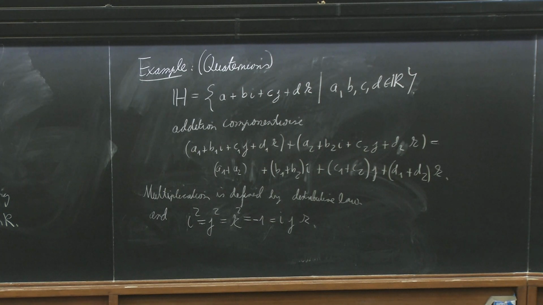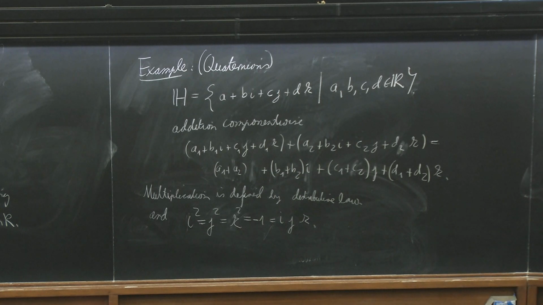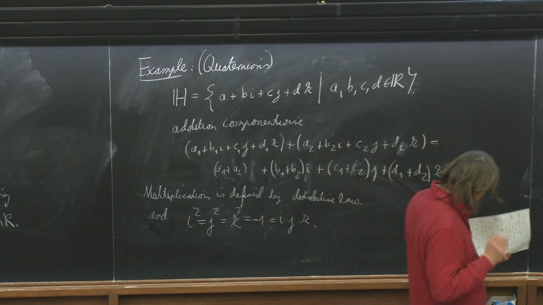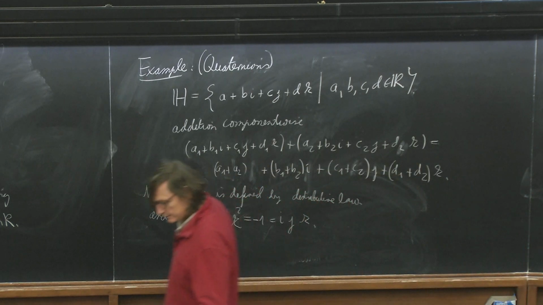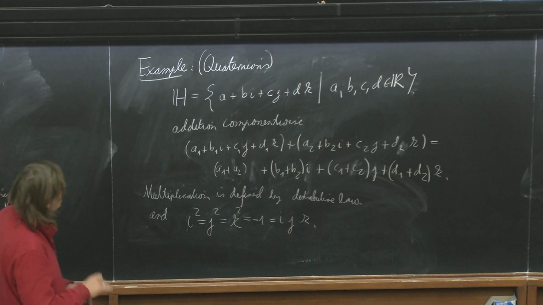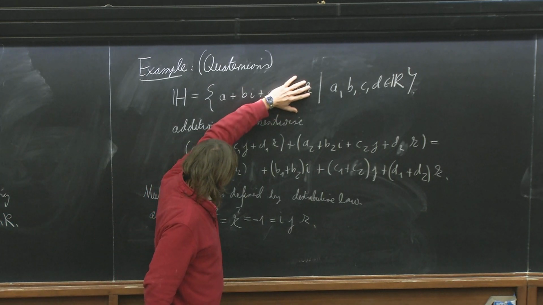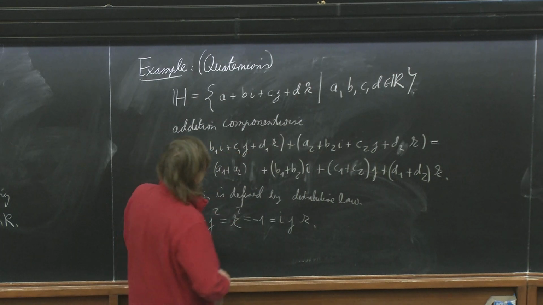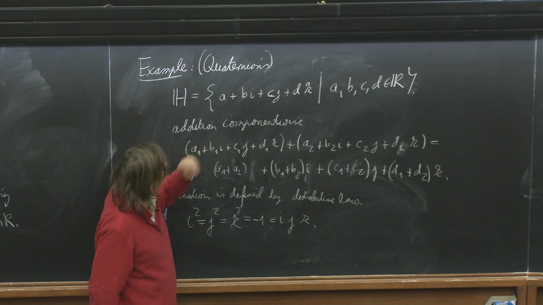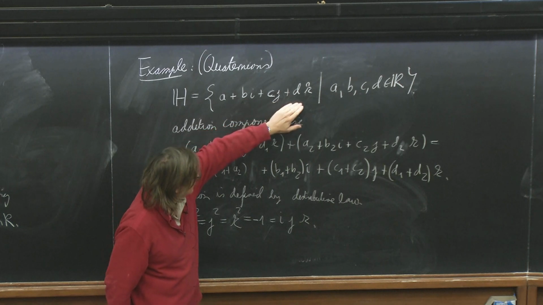I just want to sketch why this is a division ring, so why every non-zero element has a multiplicative inverse. It's very analogous to the complex numbers, as you can also see from the notation. You also have a conjugate for every element, where you replace these coefficients by their negatives.